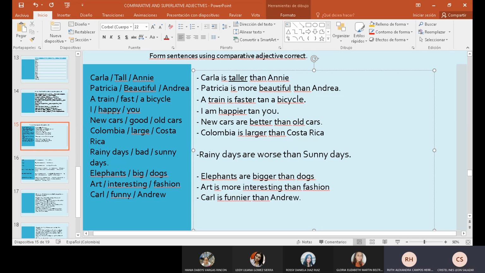And we are to form sentences using comparative adjectives. Tall, taller; beautiful, more beautiful; fast, faster; happy, happier; good, better; large, larger; bad, worse; big, bigger; interesting, more interesting; and funny, funnier. Okay, this is how comparatives are formed.